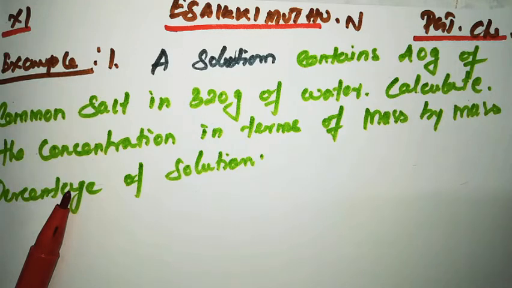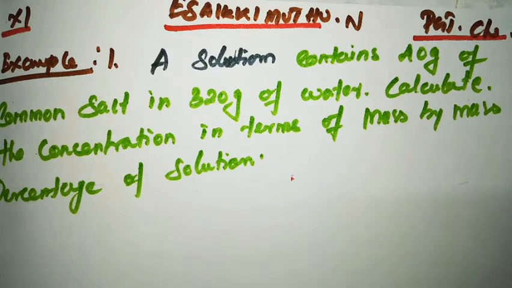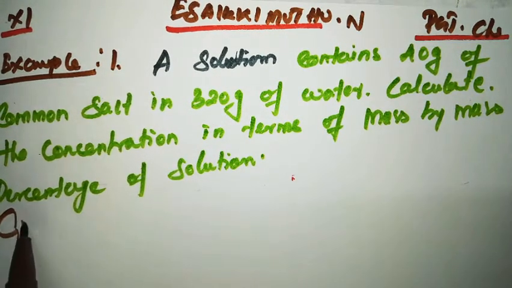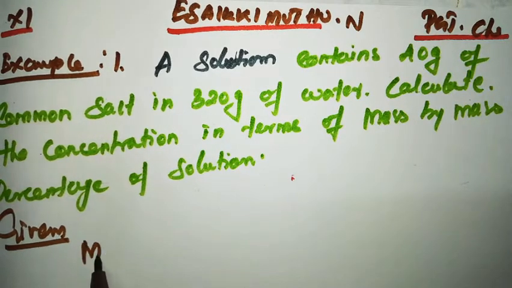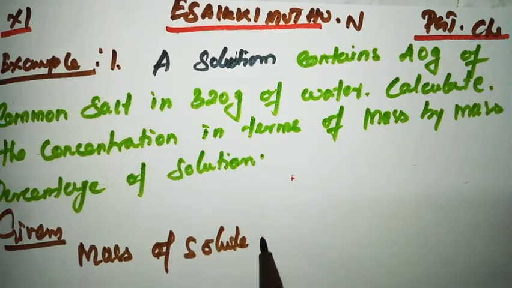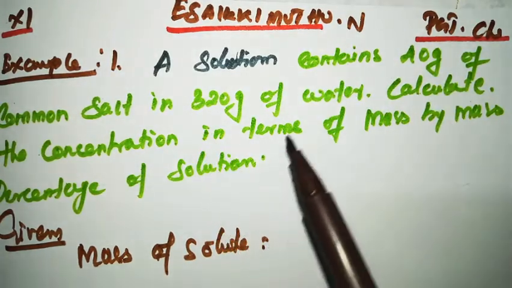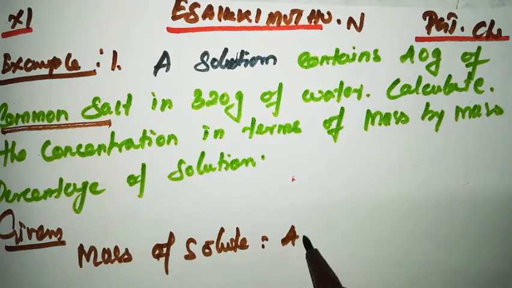Now you can calculate the mass by mass percentage of solution. First, the given data. The mass of solute: a solution contains 40 gram of common salt, so common salt is the solute, and the mass of solute is 40 gram.